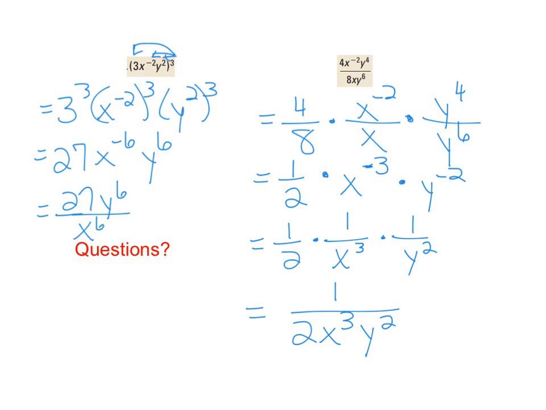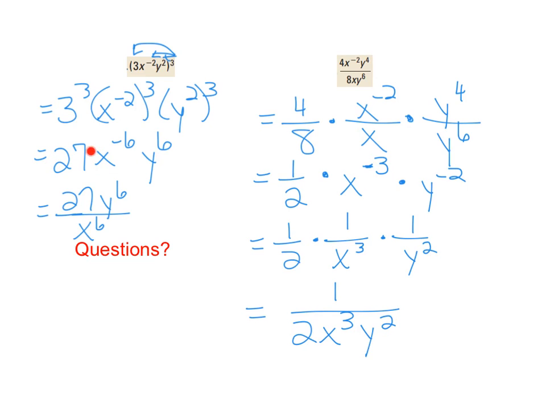Okay, first one. This is a product to a power. So I raised each factor to the power. 3 cubed, x to the negative 2 cubed, y squared cubed. Then I started cleaning it up. 3 cubed is 27. Power to a power, negative 2 times 3, I get negative 6. Power to a power, 2 times 3, I get y to the 6th.